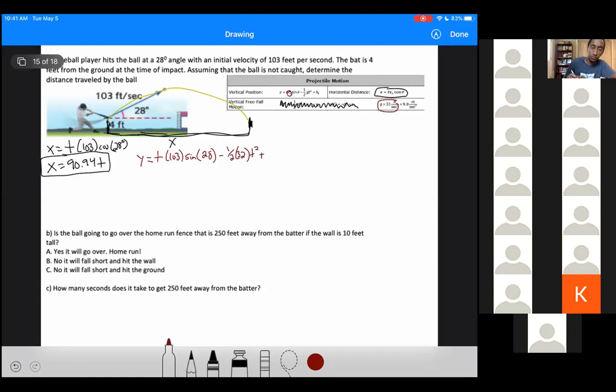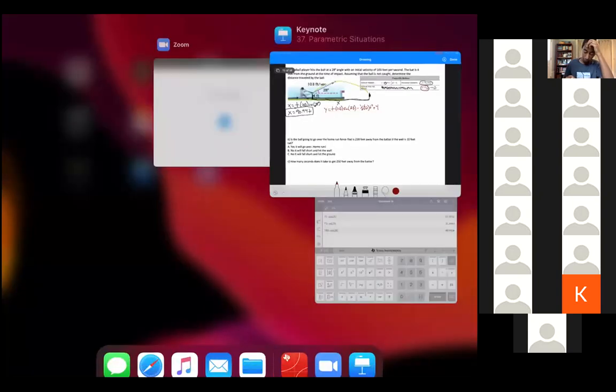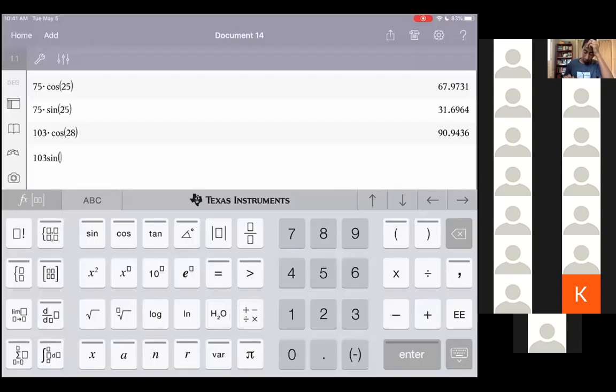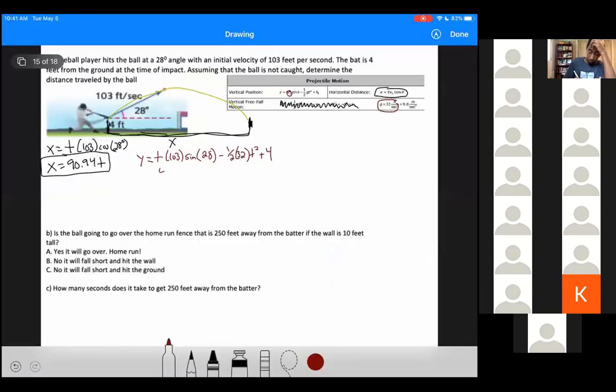Our initial height here is 4. So we need to simplify that. 103 times sine of 28 is 48.35. Minus 1/2 times 32, 16, plus 4. I'm just going to rewrite that in standard form, so I'm going to put the t squared first.